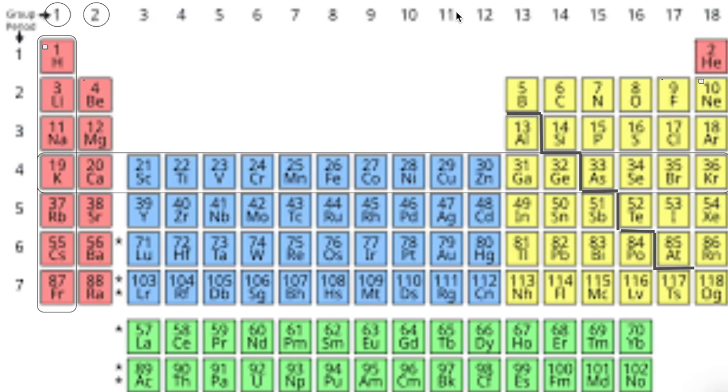Now, from 3 to 12, it doesn't matter. 3 to 12, that doesn't work. But 13 has 3 valence electrons. 14, 4. 15, 5, and so on.